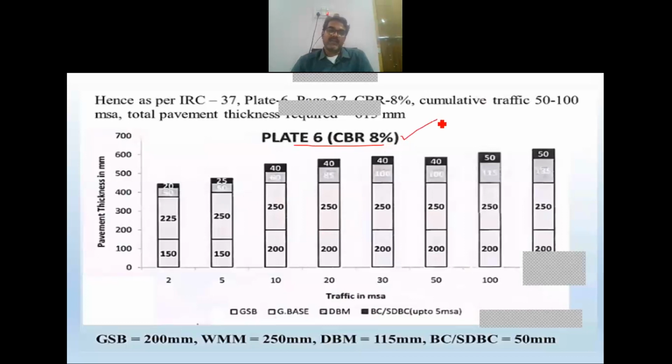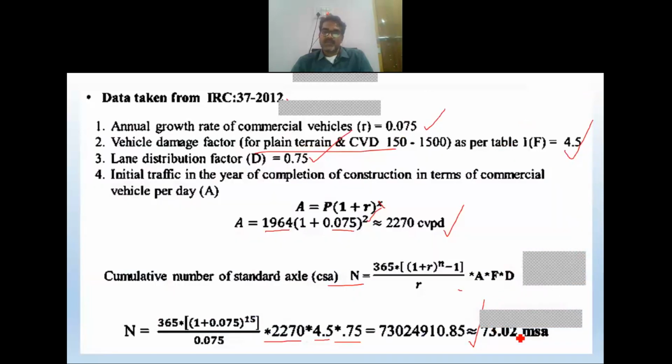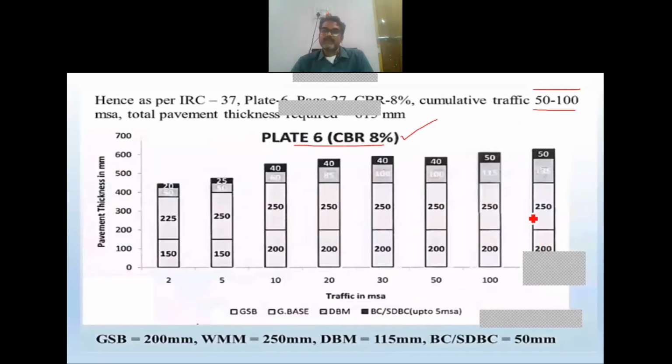There are more than 32 charts available in IRC 37 for different combinations of CBR value and traffic intensity. In our case, the traffic is between 50 and 100, obtained as 73 million standard axles. So I'm choosing plate 6 for a soil subgrade CBR of 8%.